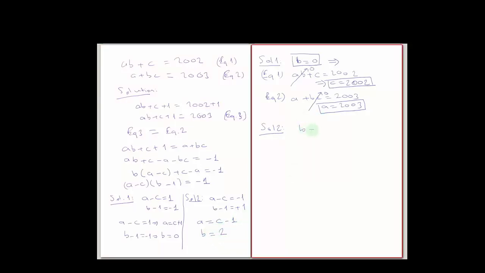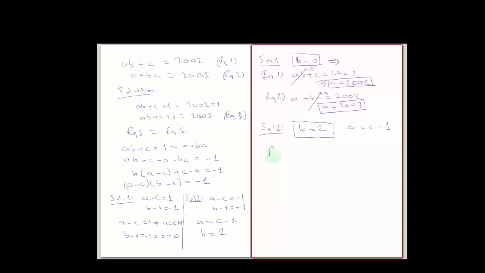So we already know B is 2. Now how will we continue? If you look at equation 1 and equation 2, we already know B equals 2. So if we substitute B equals 2 in those equations, we will have 2 equations and 2 unknowns. That means we can solve it.